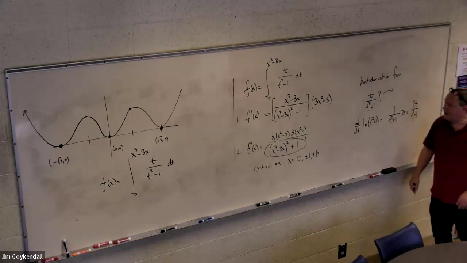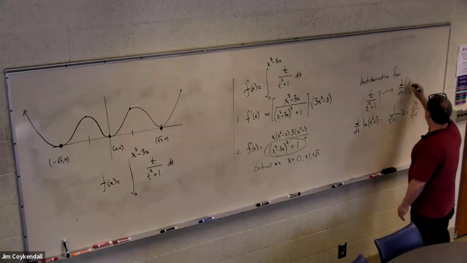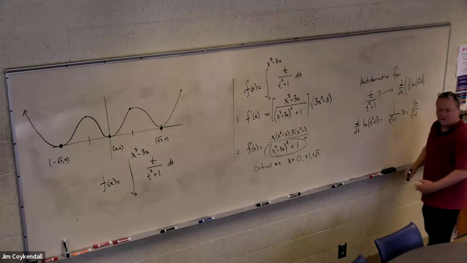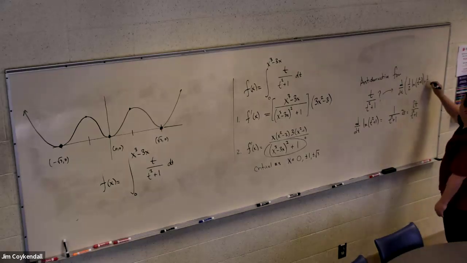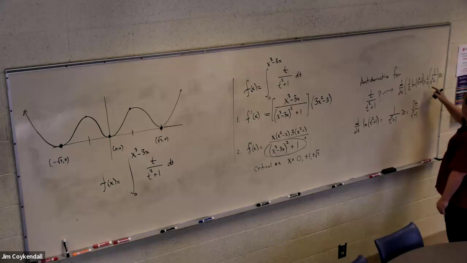Just multiply it by 1/2. The good thing about 1/2 is it's a constant, so you don't have to worry about the product rule. I get 1/2 times 1 over t squared plus 1 times 2t, and the 1/2 conveniently cancels that.